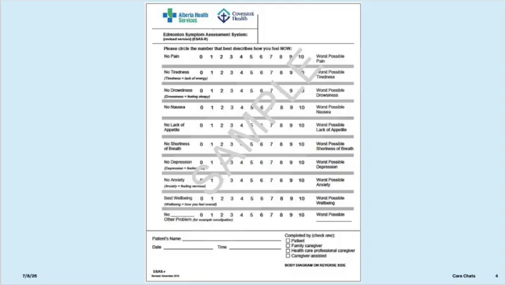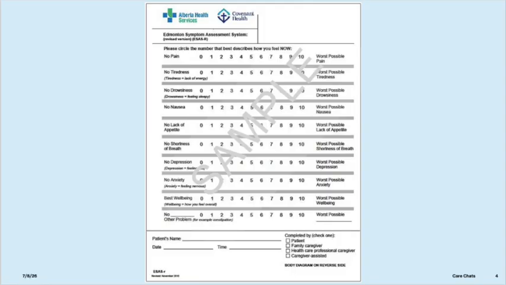If a patient can't complete this tool, then a caregiver can complete it, being as objective as possible when assessing each symptom. But ideally, it would be the patient completing it because we want the patient's perspective. It does come in various common languages as well, and I do believe there is a renal-specific version available as well. So a great tool all around, but it does talk about pain in that one as well.